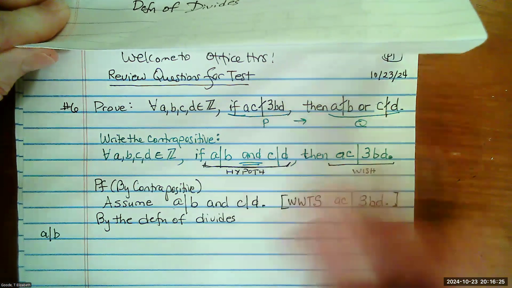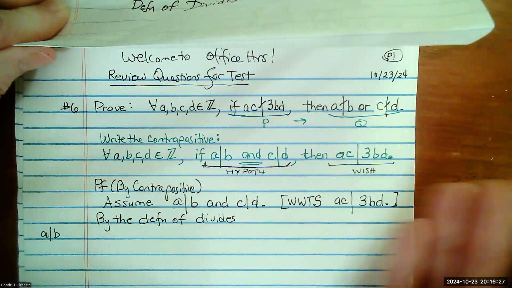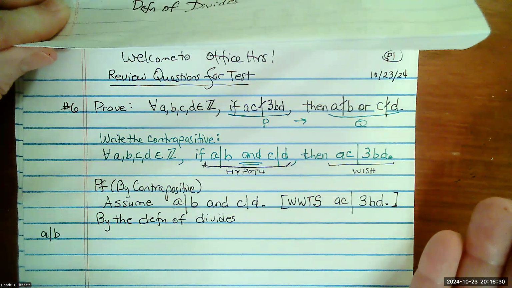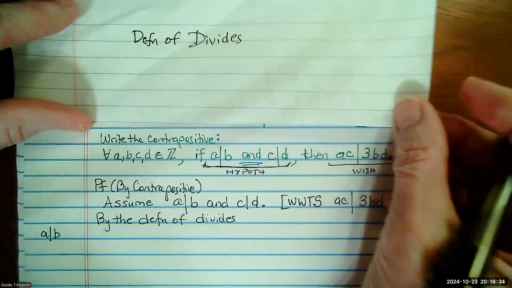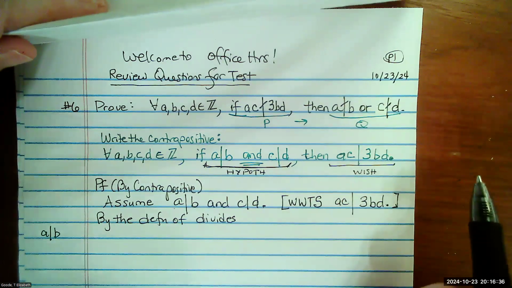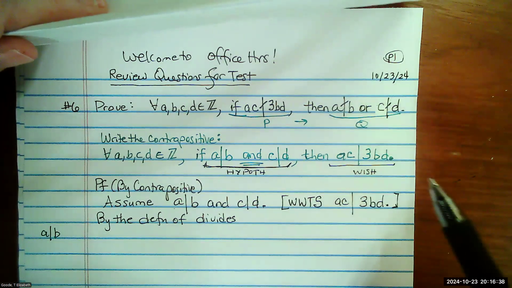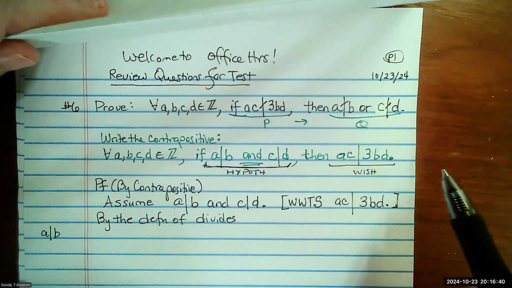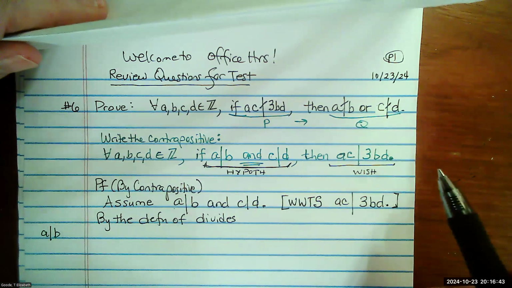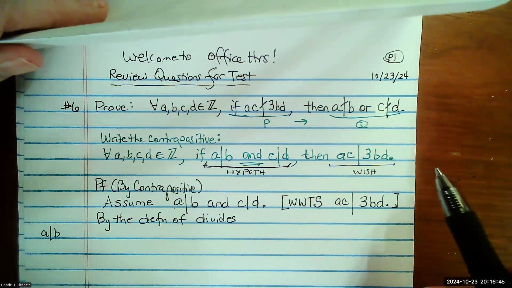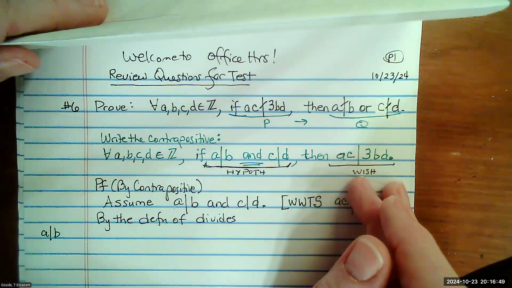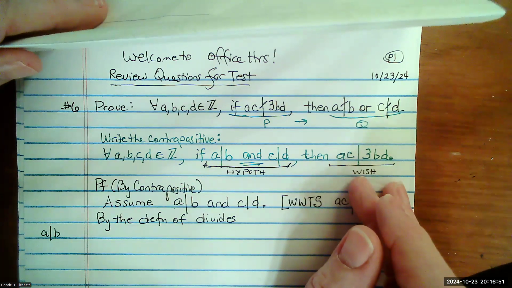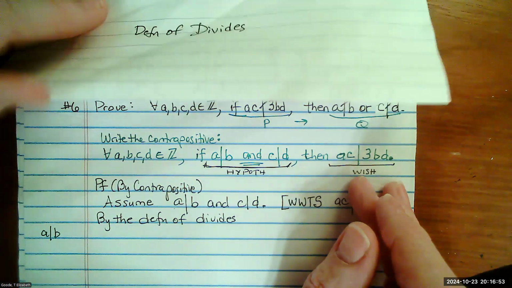If we are disproving a false if-then statement, then we assume the negation. And the negation of an if-then statement is not an if-then statement. The negation of an if-then statement is an and statement. Maybe that's what you're talking about.